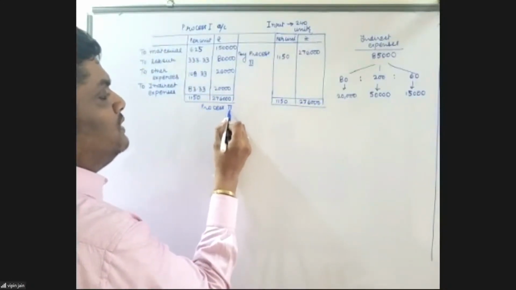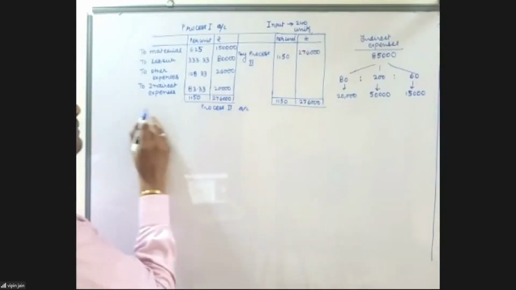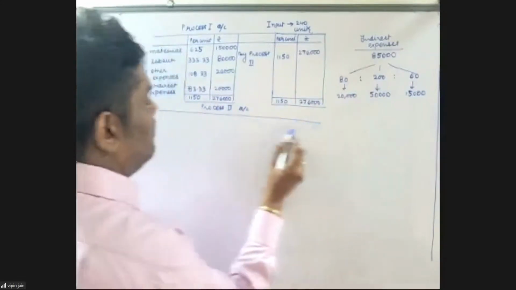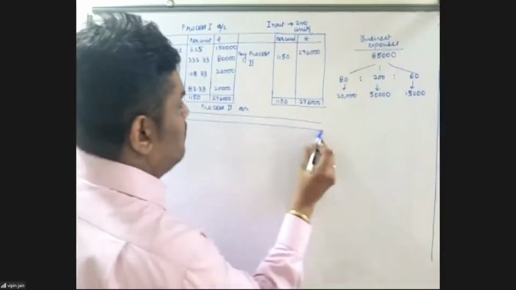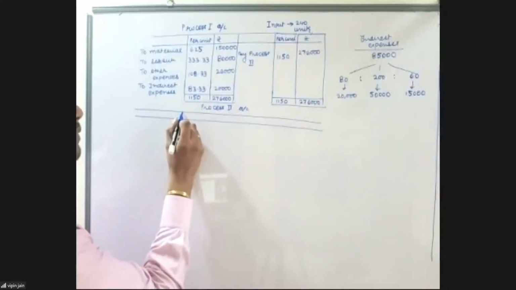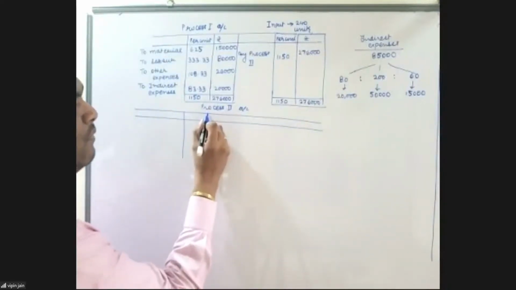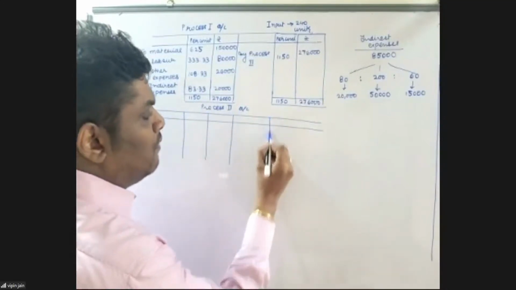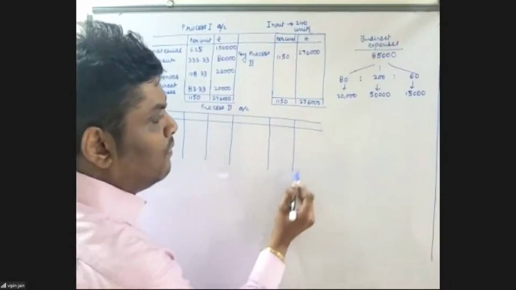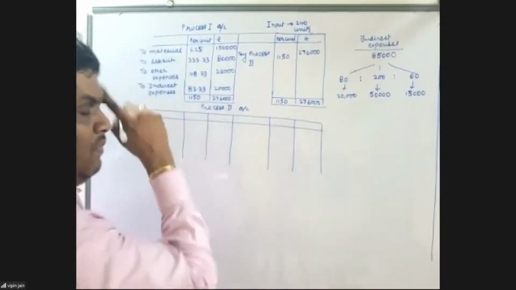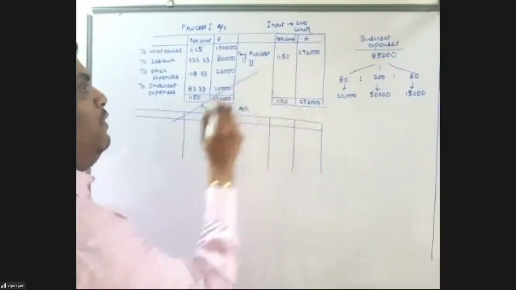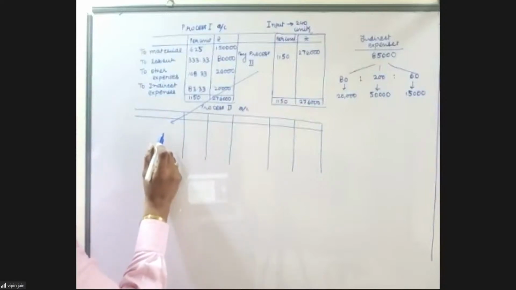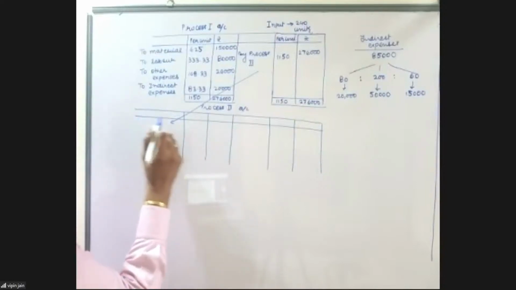Process second account, wherein the input will be the output received from process first.